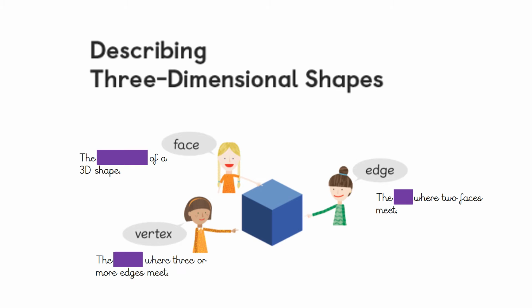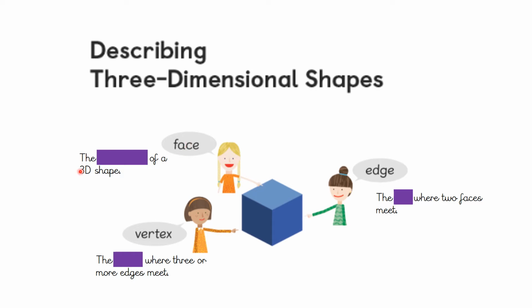Well done, Year 3. Yesterday, we were describing 3D shapes, and we learnt 3 new words: face, edge, and vertex. We're going to say the definitions together. Let's start with face.